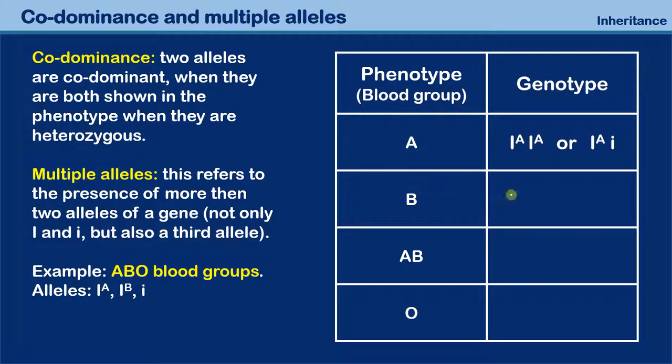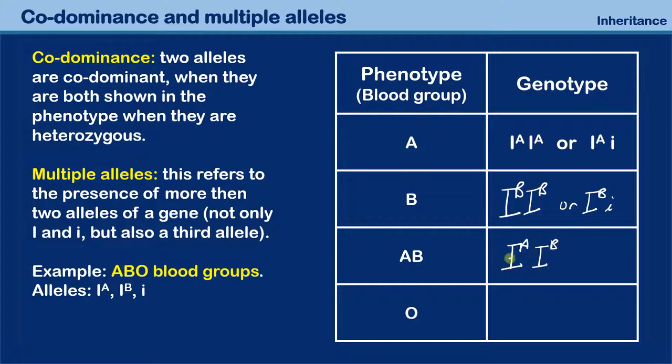For blood group B, we have IB IB or IB and lowercase i, just like with blood group A. Blood group AB is IA and IB.